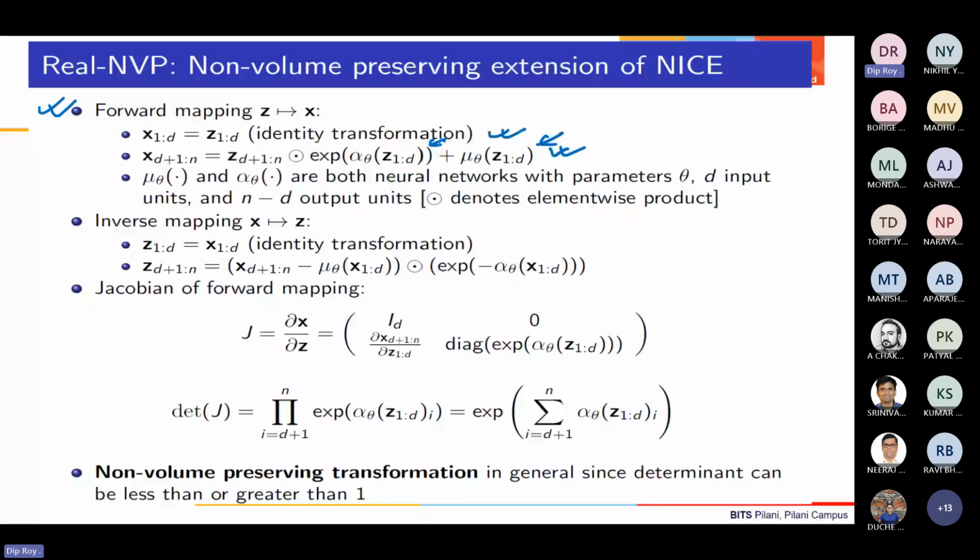So your mu theta and your alpha theta are both neural networks with parameters theta, and they take d inputs and output n minus d. And this is nothing but a Hadamard product, which is the element-wise product.